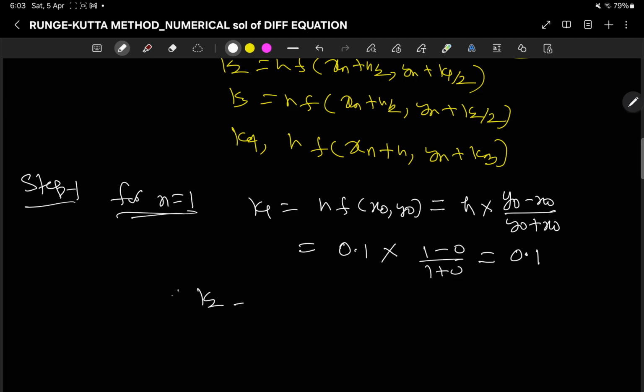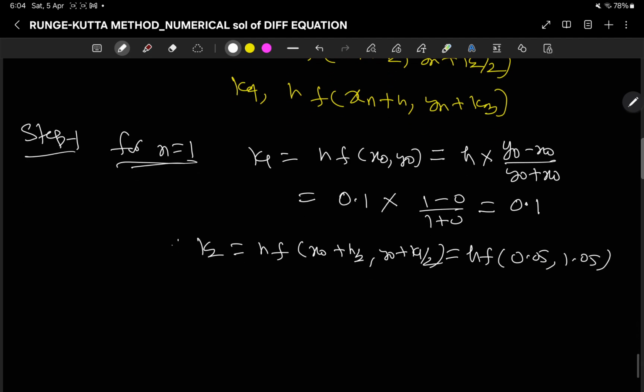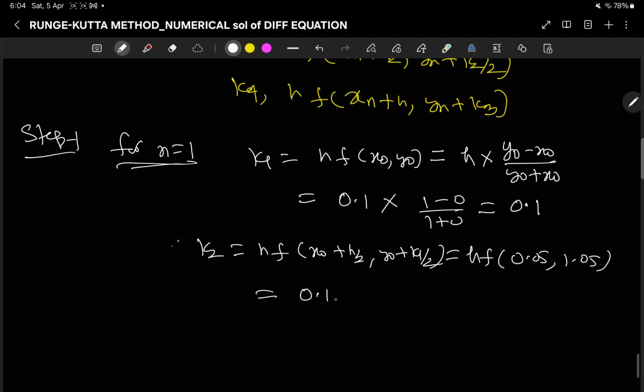Now k2 is h f(x0 plus h by 2, y0 plus k1 by 2), which is h f(0.05, 1.05). So this is equal to 0.1 into (1.05 minus 0.05) divided by (1.05 plus 0.05).